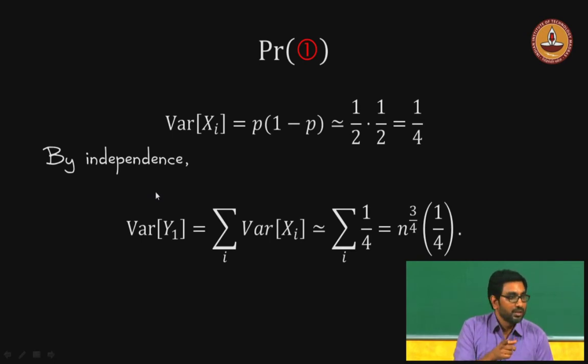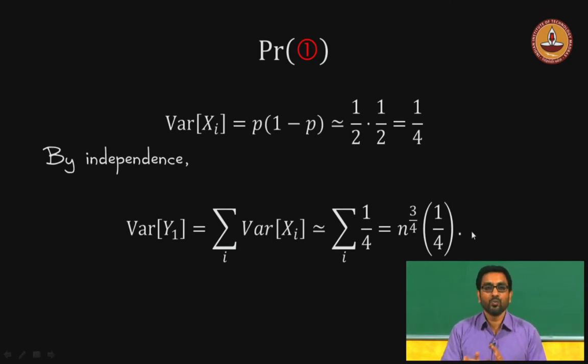I recall somebody asking why we sample with replacement, why not sample without replacement? If you do it with replacement, you get independence, and so now you can compute the variance of y1 simply by summing the individual variances. Remember the individual variances are a quarter, so sum over all i, where i runs from 1 to n to the 3/4. So, you get n to the 3/4 times a quarter.